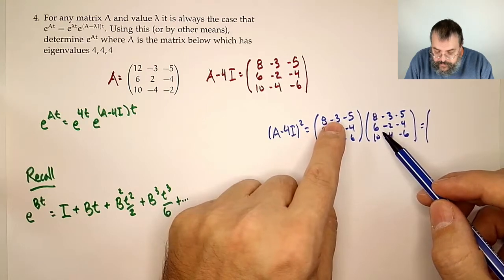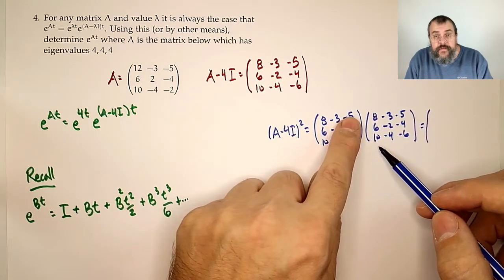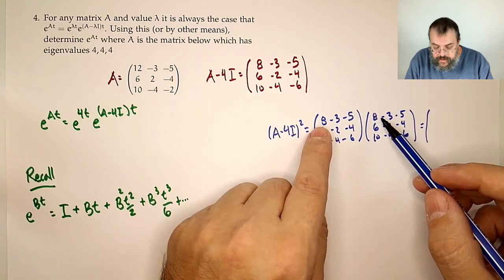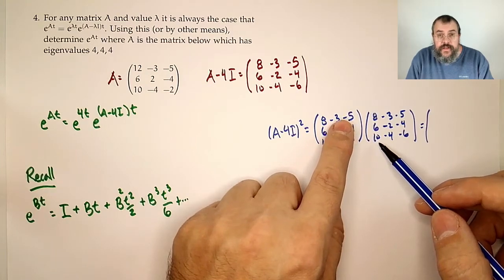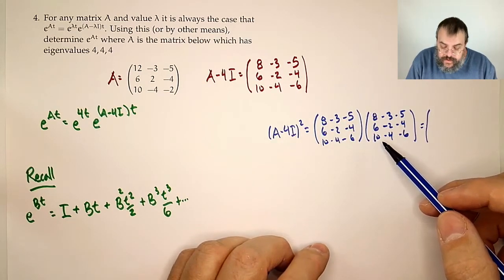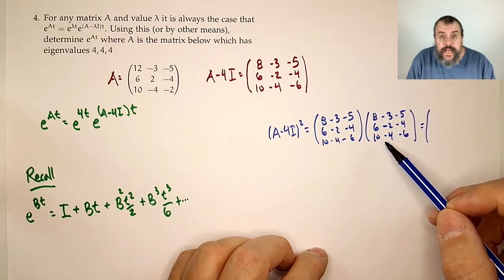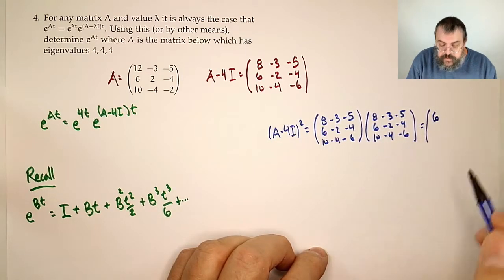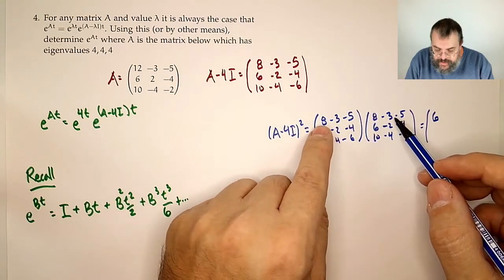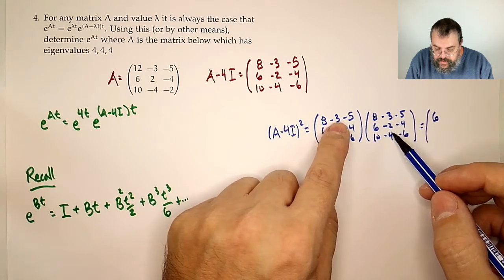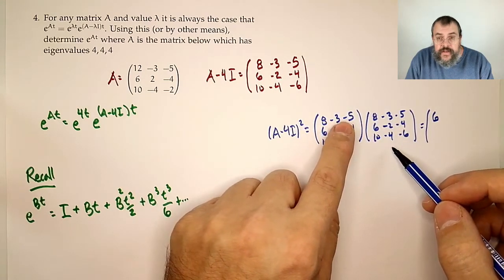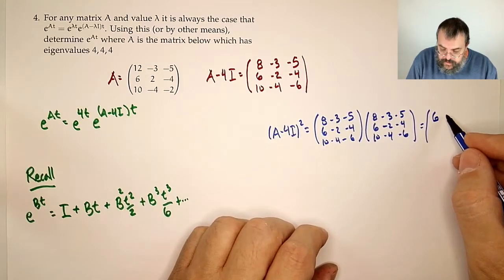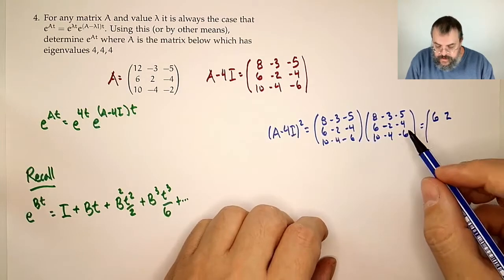64 minus 18 minus 50. All right, again, I'll say that one more time. 64 minus 18 minus 50. So that's 64, subtract 58, 6. Minus 24 plus 6 plus 20. So that's minus 24, and then we're going to add 26. 2, right?